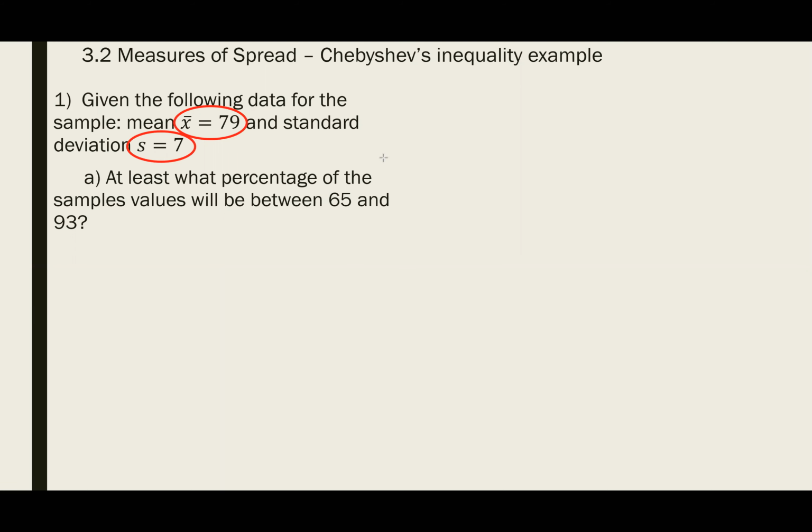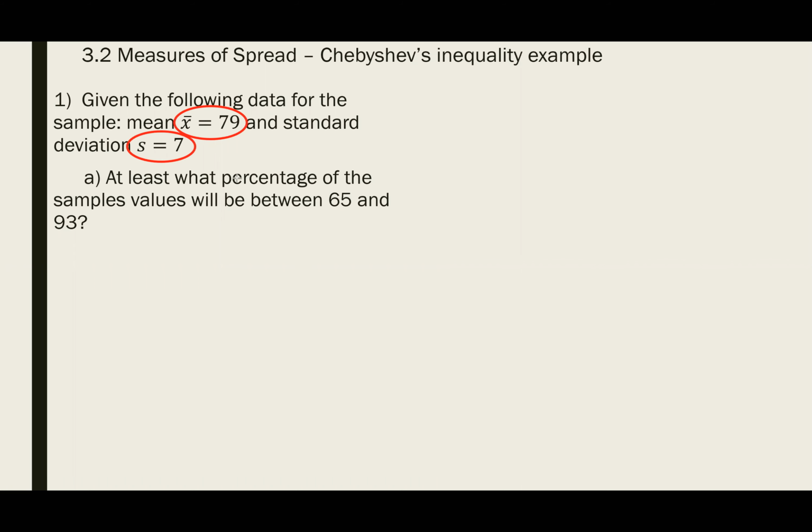So if you read this, the first thing I want you to look at, ladies and gentlemen, is: at least what percent of the sample values are between 65 and 93? Do they mention anything about a bell-shaped curve, or anything about bell-shaped or symmetric?